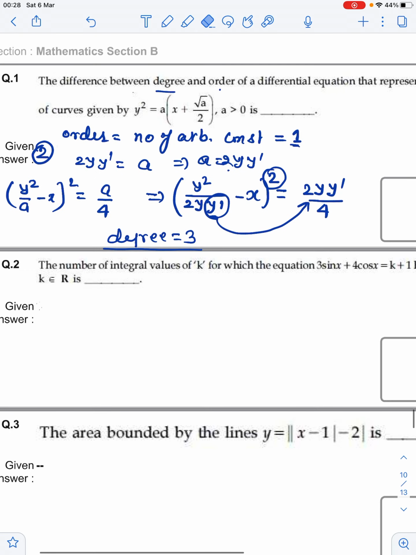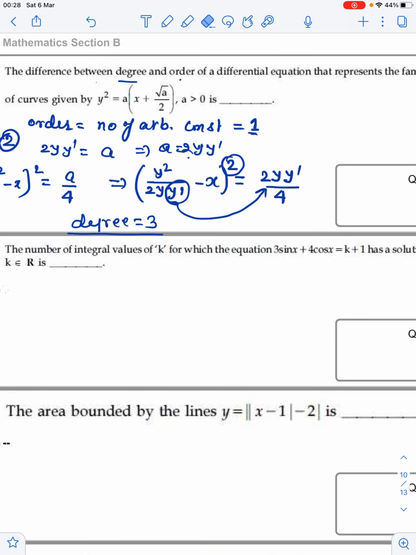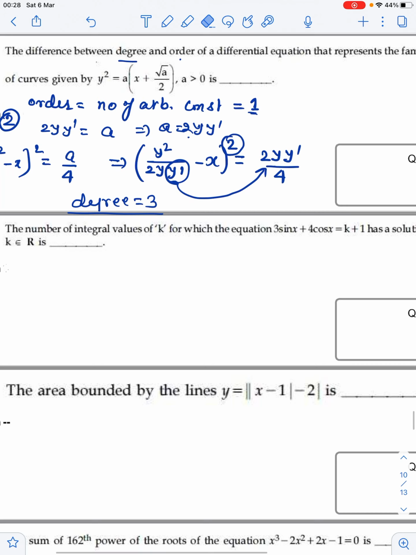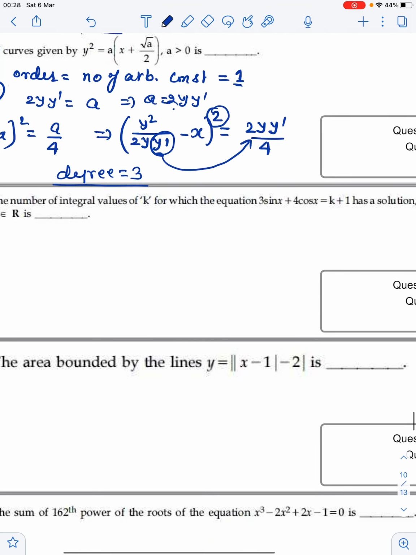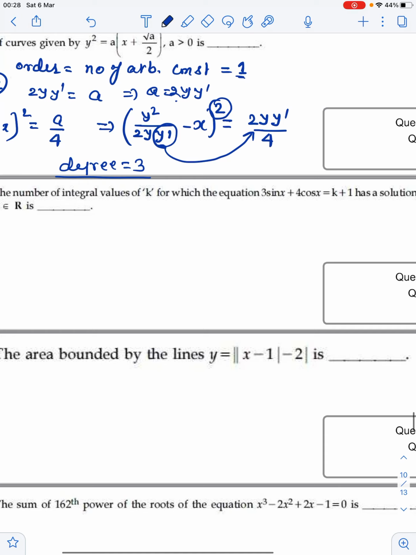Question number 2 again is a very simple question of trigonometry. The number of integral values of k for which this equation has a solution. So for a solution, the output should lie in the range of the function. So k plus 1 should lie between 5 and minus 5.